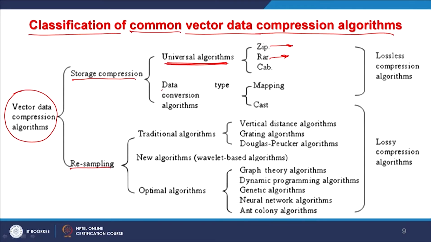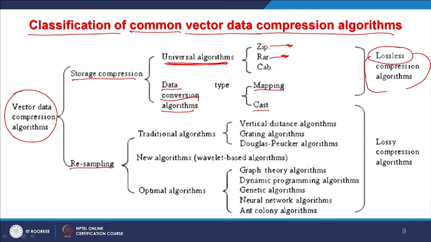Now, there is another way of compressing which can allow us better storage compression: data encoding algorithms. So, data encoding algorithms are used for mapping and other such methods, and all these are, as mentioned here, lossless, non-destructive compression techniques.